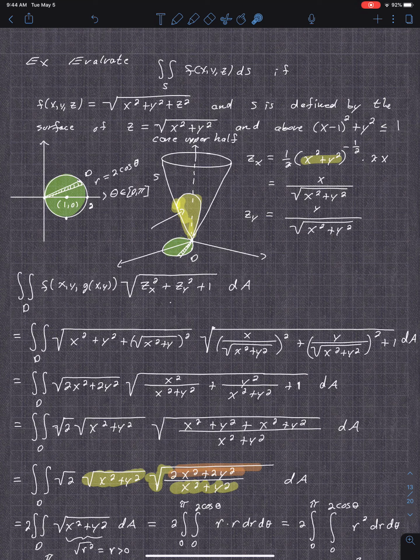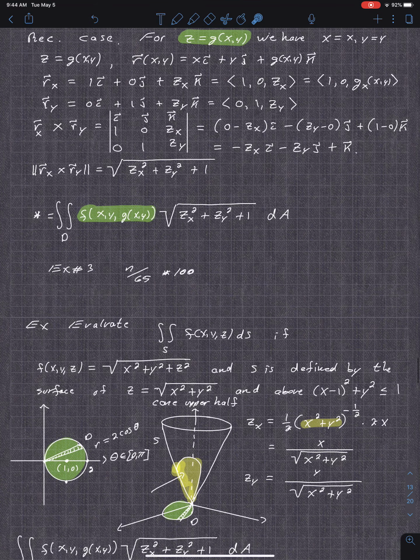Okay, so to do that calculation, first we want to define our function. And then we're going to put it into our radical. So to integrate over that surface, this would take some work. All right, so let me go back to the surface integral.